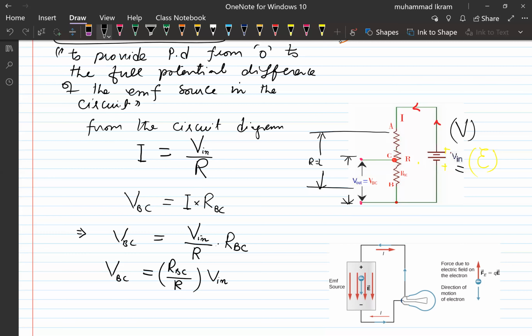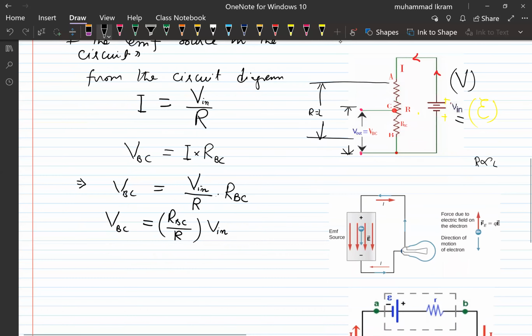Now you know that when the length changes, the resistance changes.